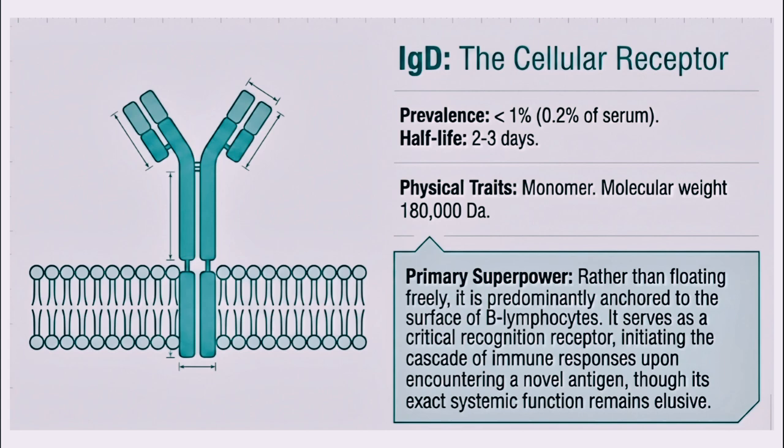IgM is the first antibody produced during a new infection and has roles in agglutination, clamping of the antigens. IgE has a role in allergic reactions. And IgD has a role as a recognition receptor, which can recognize a particular antigen, signal the B cell and initiate the entire immune cascade.